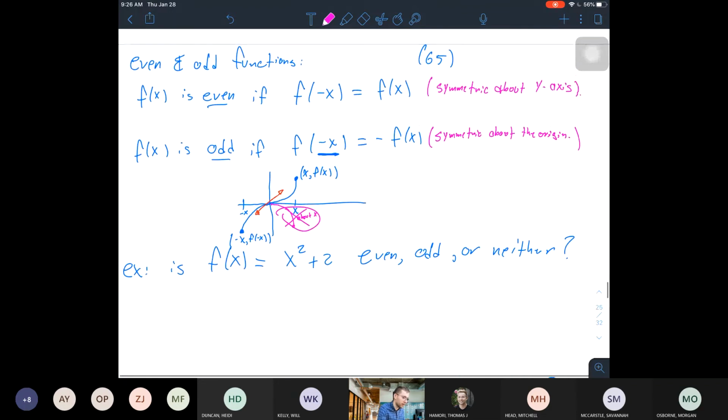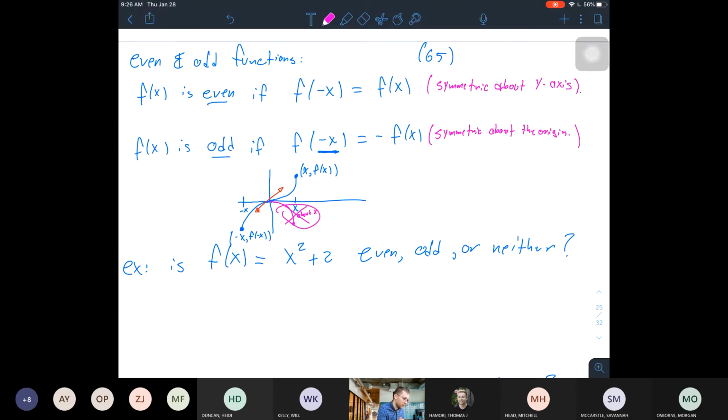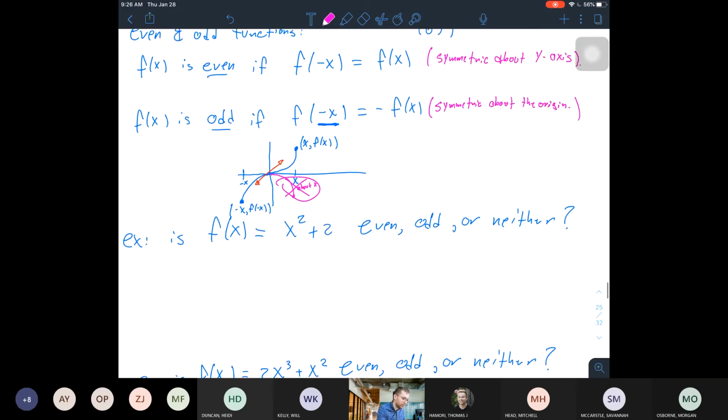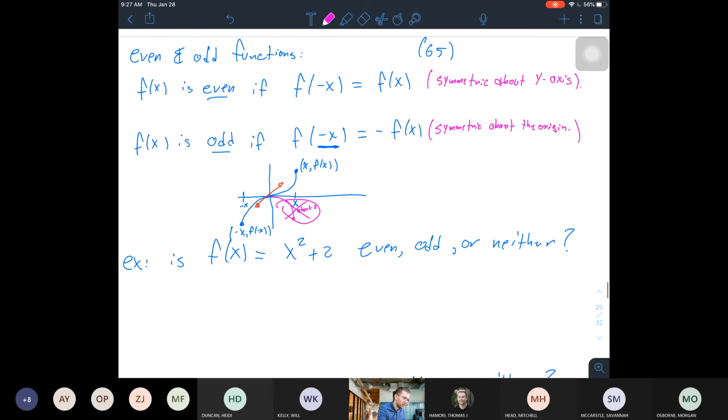All right, so that was kind of tricky. All right, so let's talk about how we actually work with these definitions. Even and odd functions are a topic which again is really important when we come to calculus.